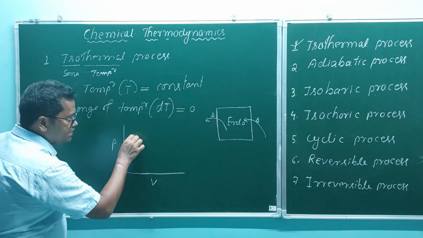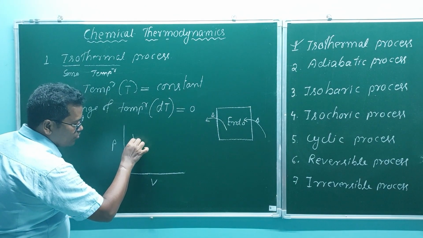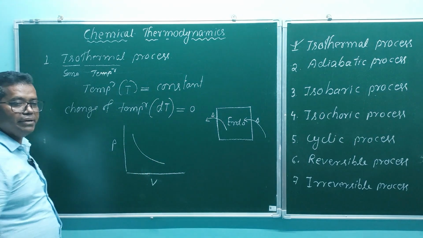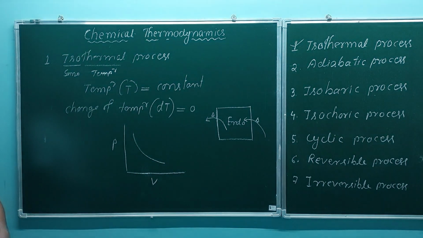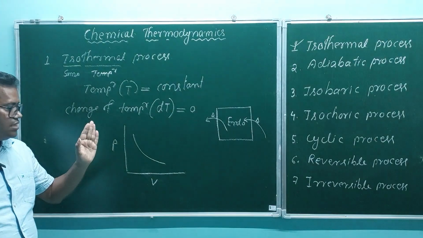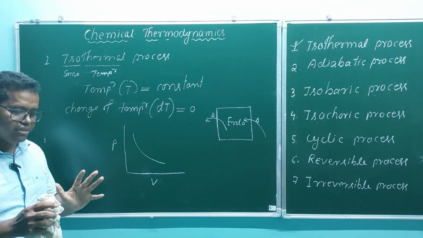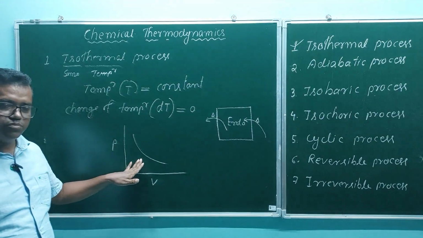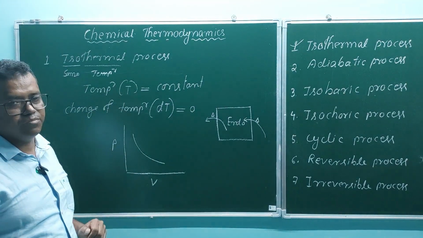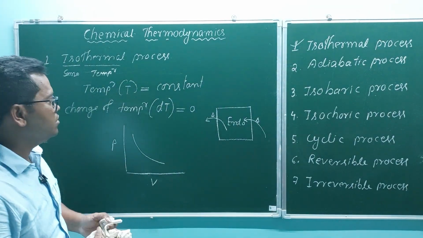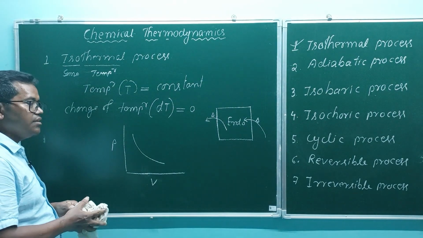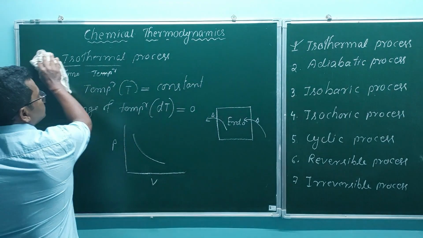When pressure decreases, volume increases in this pattern. This is the nature of the curve in isothermal processes. So we have understood the isothermal process.